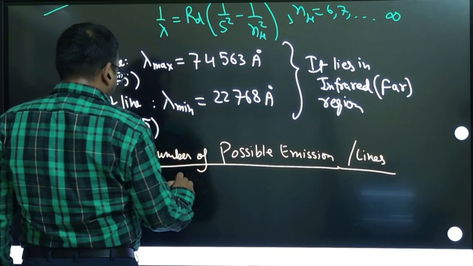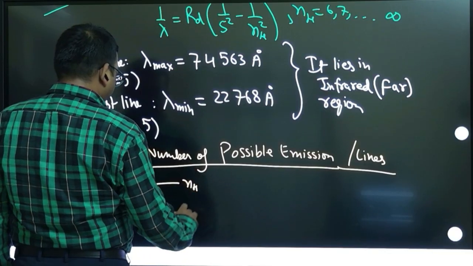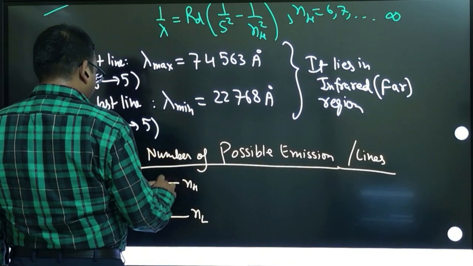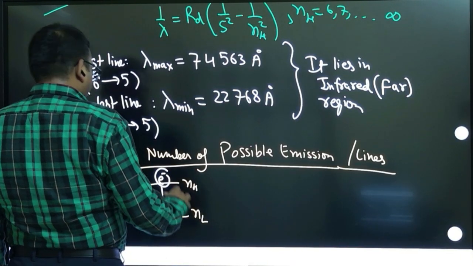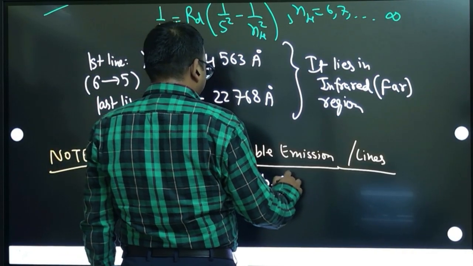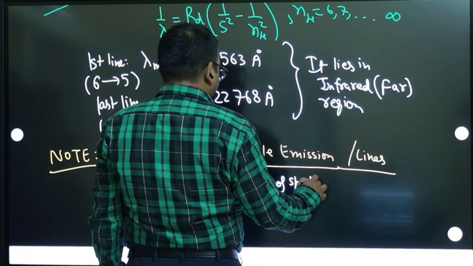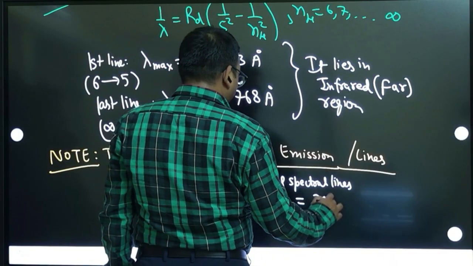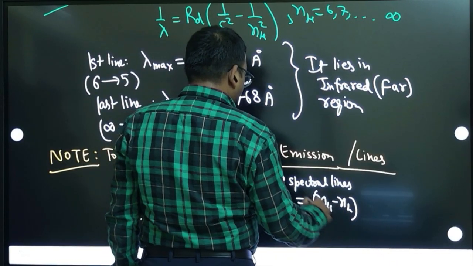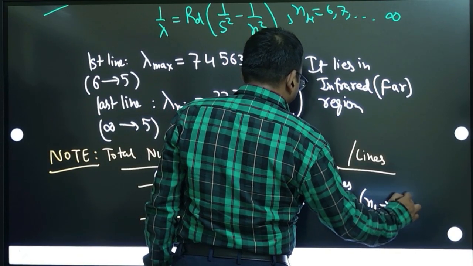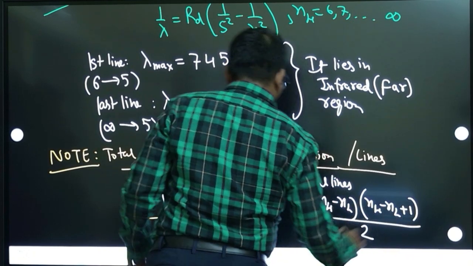Suppose this is nh and this is nl, so the electron can jump from here to here. So the number of spectral lines is given as (nh minus nl) times (nh minus nl plus 1) divided by 2.